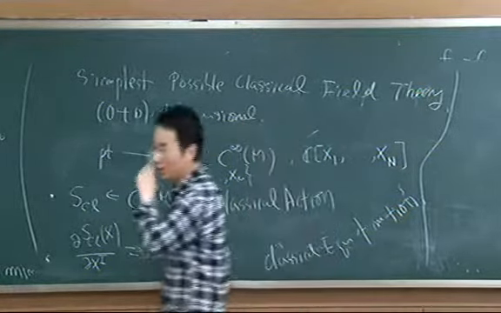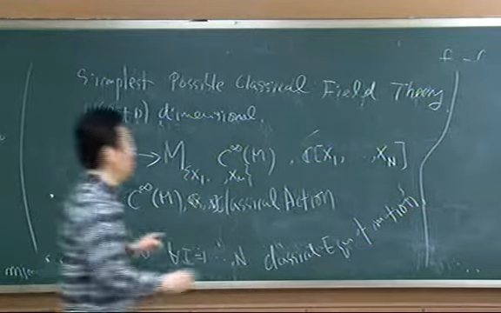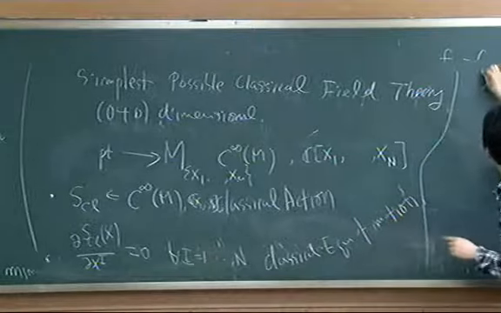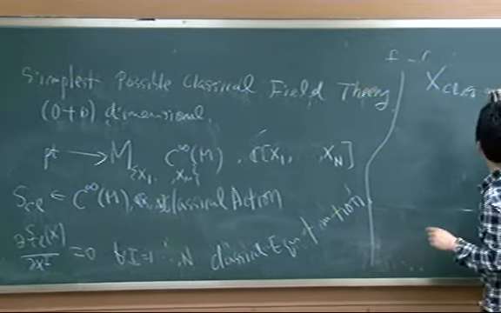Let's call it the classical equation of motion space. This is where the classical observer lives.